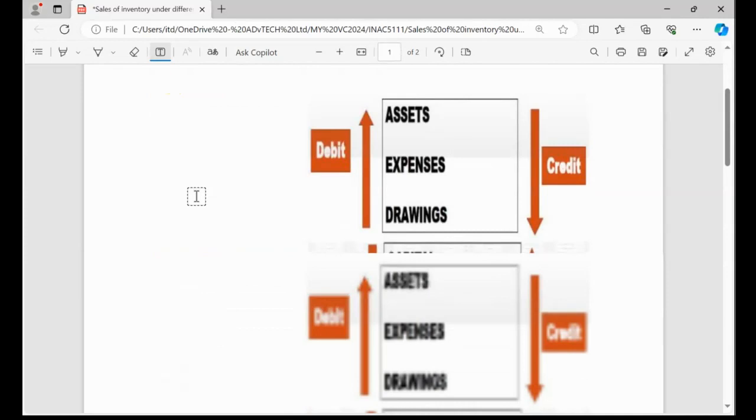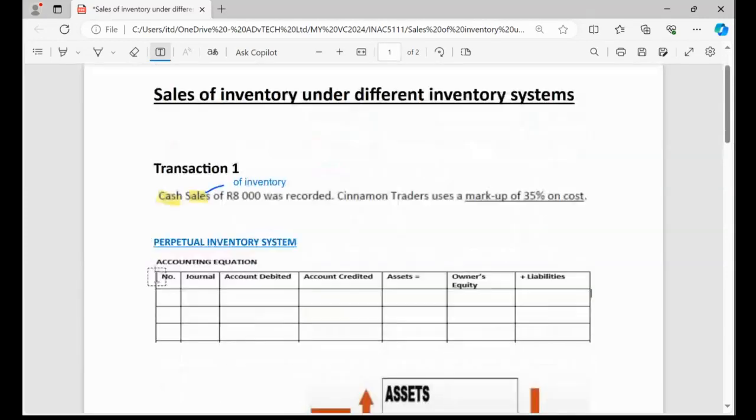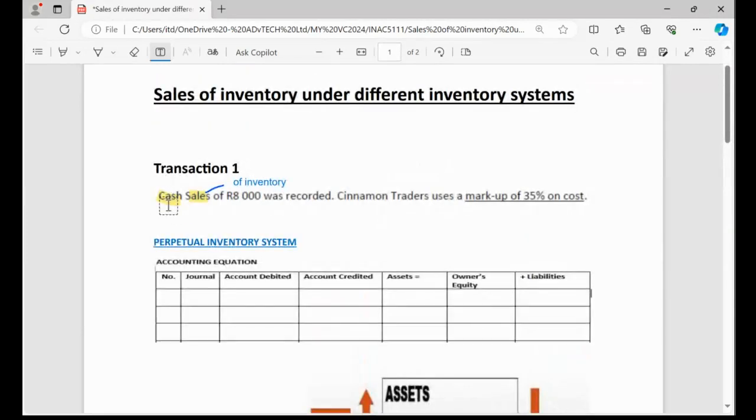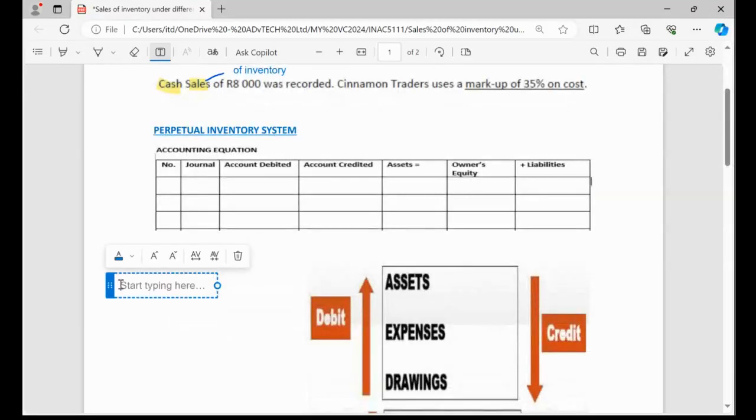At the time when we record, you will see that we are going to have A and B. For now, because we sold for cash, one account is going to be bank. That's the first account that we are going to have.